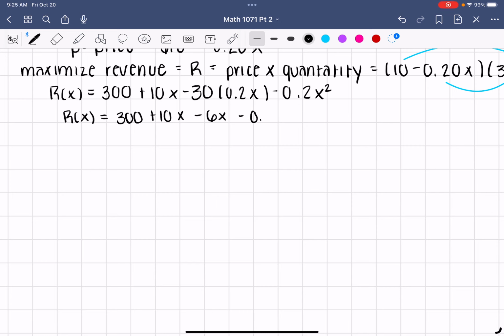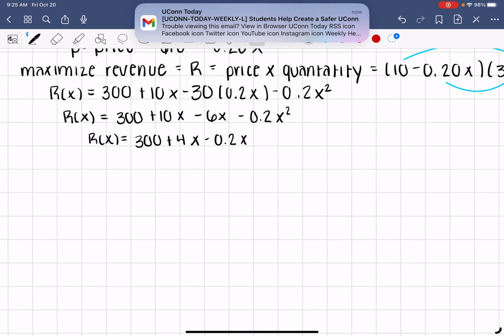Let's find the critical point. So R prime of X is, well, the derivative of 300 is constant 0. The derivative of 4x is 4. And here it is 0.2 times 2x, but isn't that double 0.2 to 0.4? So you set that equal to 0, and you come out with x is 10.